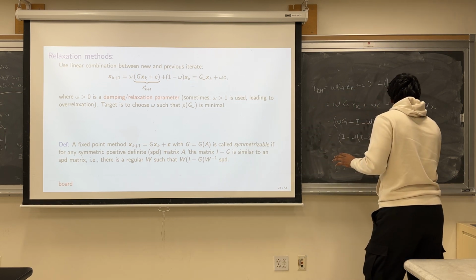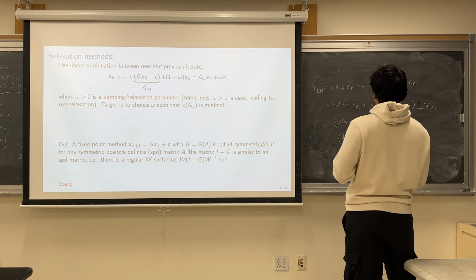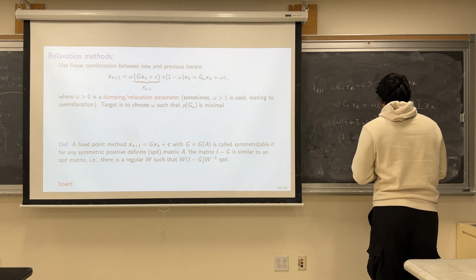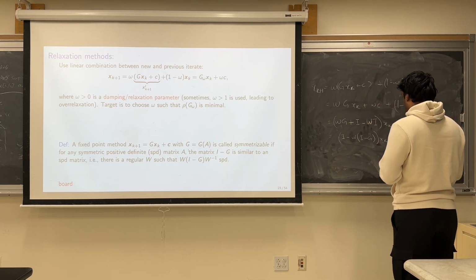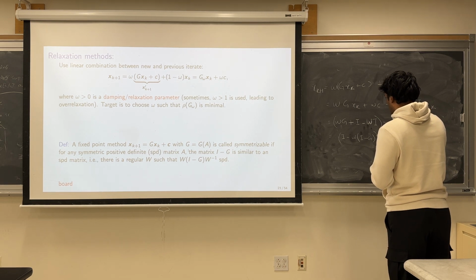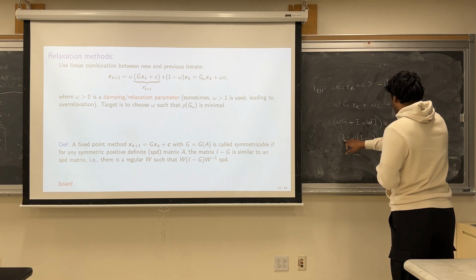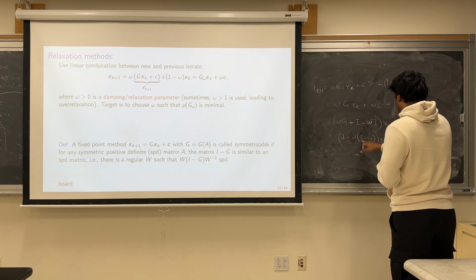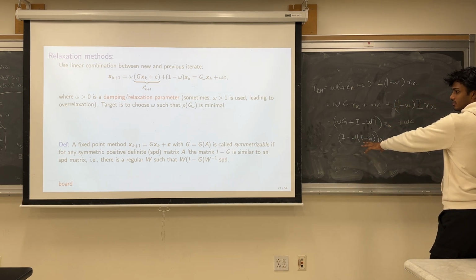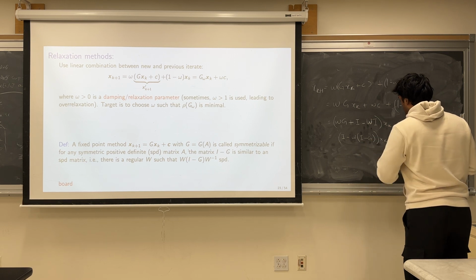This is if I include an omega damping parameter. I pull xk outside, and it becomes identity minus omega times I minus G. So there is some mention of I minus G.